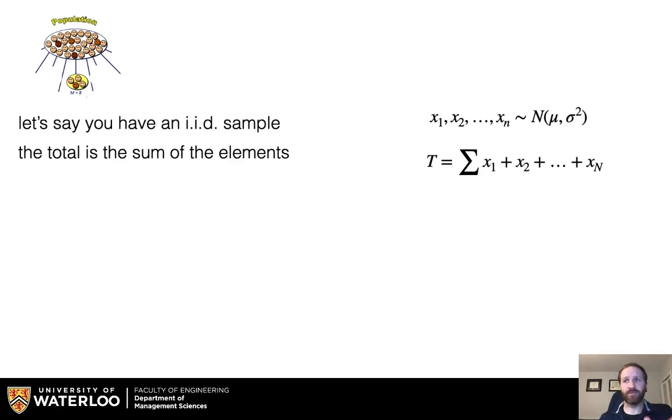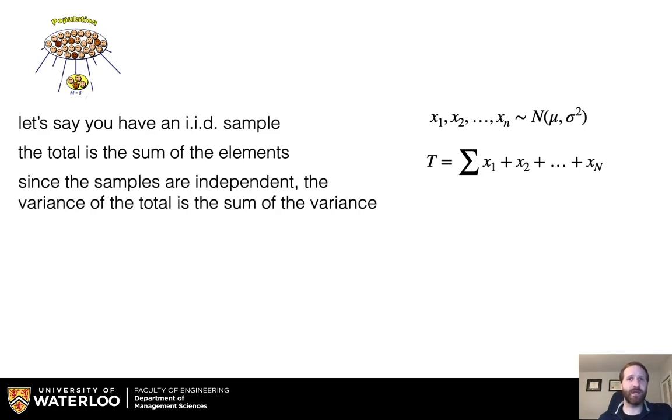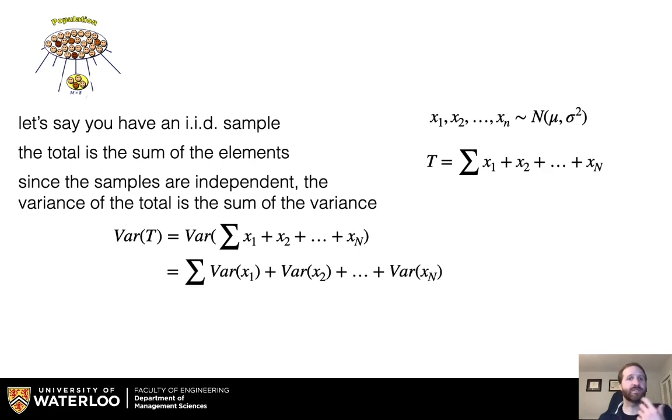And since the samples are independent, they don't have a covariance, so the variance of the total is the sum of the variances. The variance of the sum of those items is the sum of the variance of those items, which is all the same because all of them are distributed with a variance of sigma squared, which means we end up with n sigma squared. So this is for the total value of our sample.